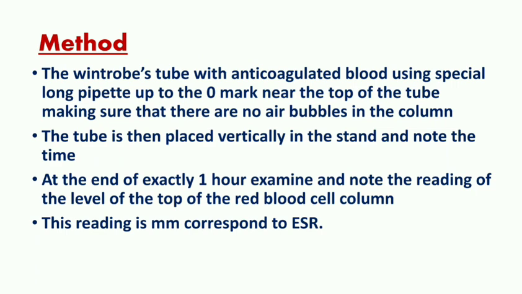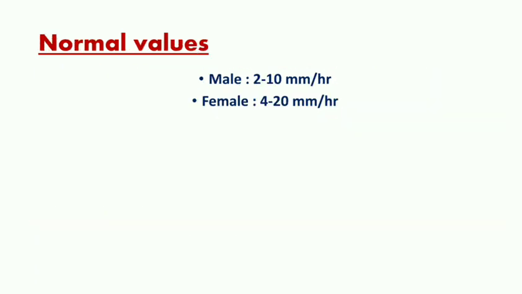At the end of exactly 1 hour, examine and note the reading of the level at the top of the red blood cell column. The reading in mm corresponds to ESR. Normal value of ESR by Wintrobe's method is for males 2 to 10 mm per hour and for females 4 to 20 mm per hour.